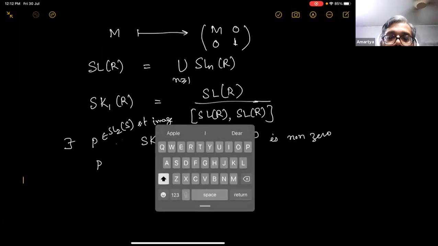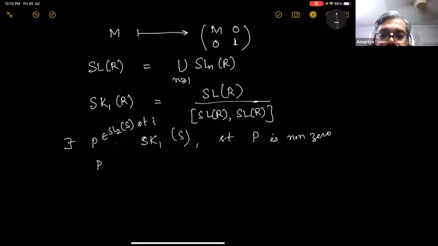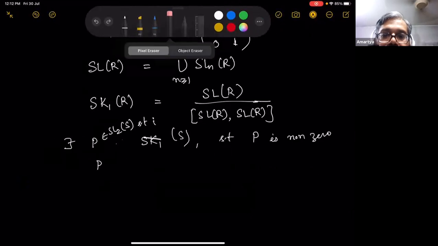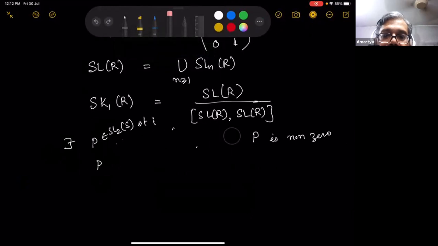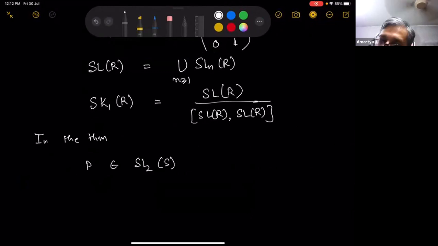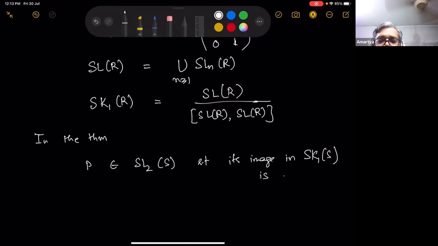Okay, let me just erase everything. What is happening here? So in the theorem, we need a matrix in SL2 of S such that its image in SK1 of S is non-zero.